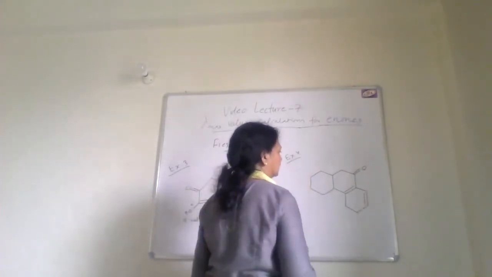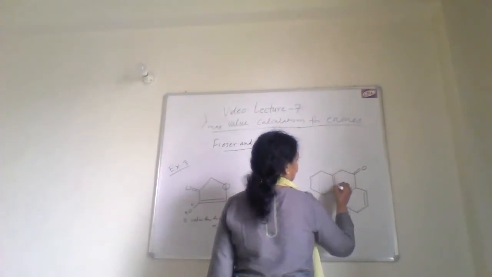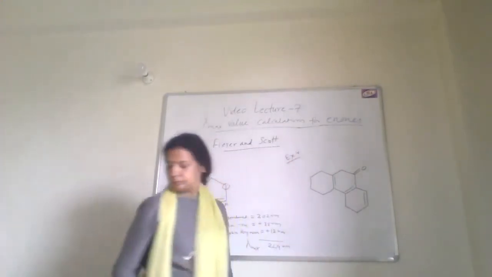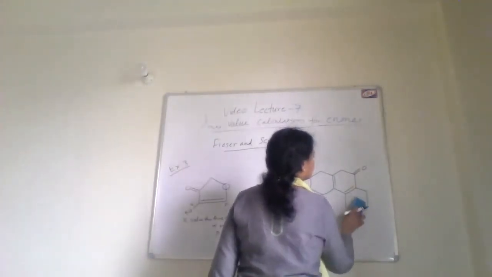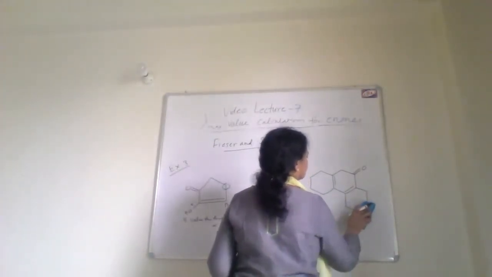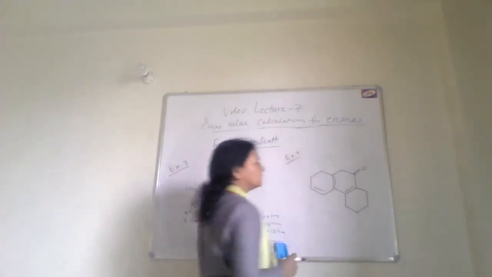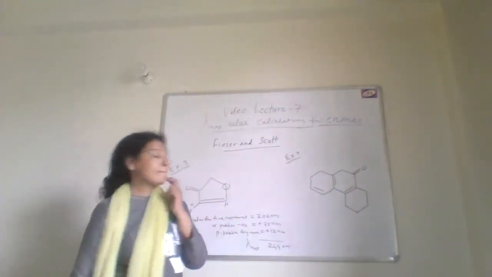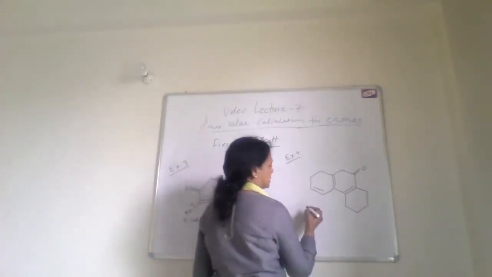This is the system, right? Here again it is an alpha, beta 6 member ring.